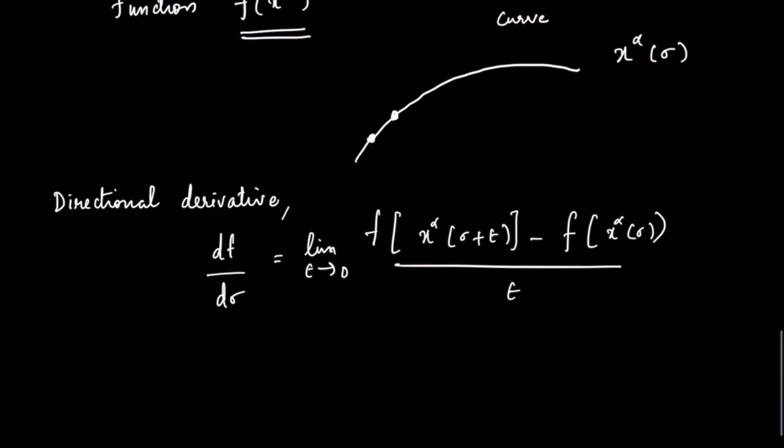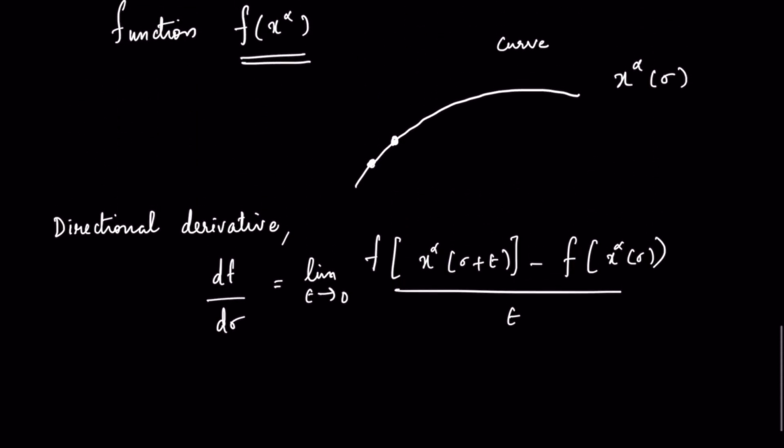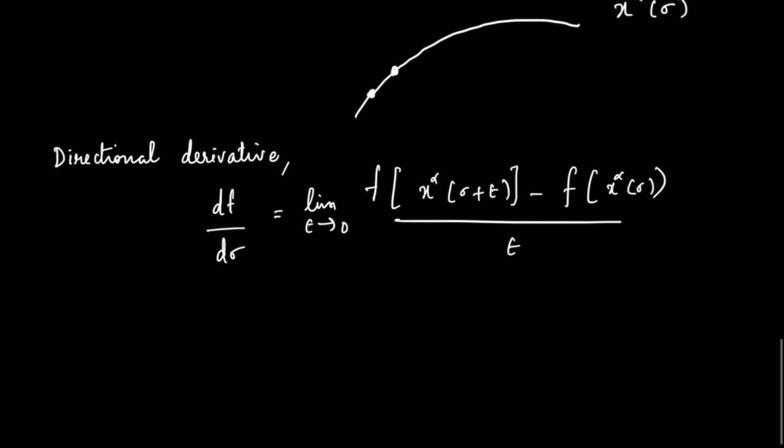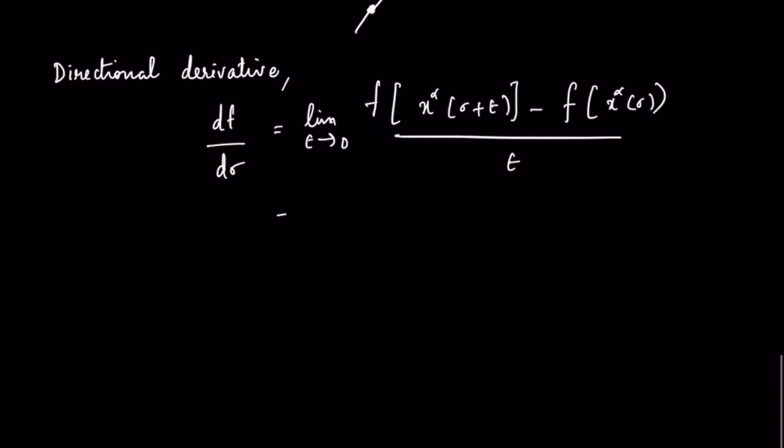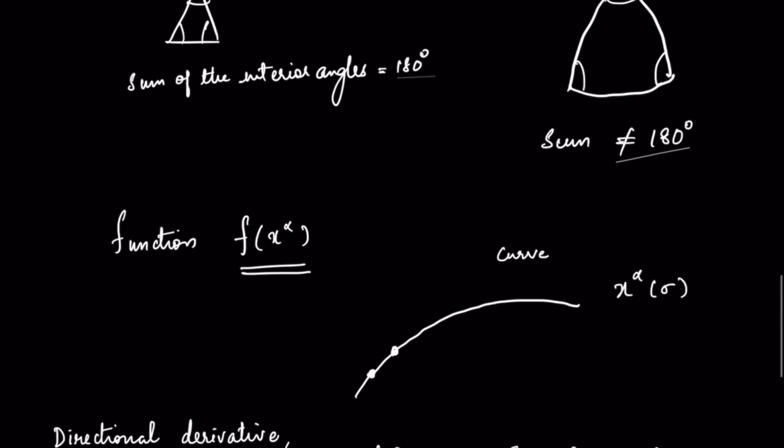Okay, so we can write the directional derivative as dx alpha by d sigma times the partial derivative of f with respect to x alpha. This is because f is a function of x alpha. So here you can see f is a function of x alpha, but x alpha is in turn a function of sigma, right? So I cannot take the derivative directly.